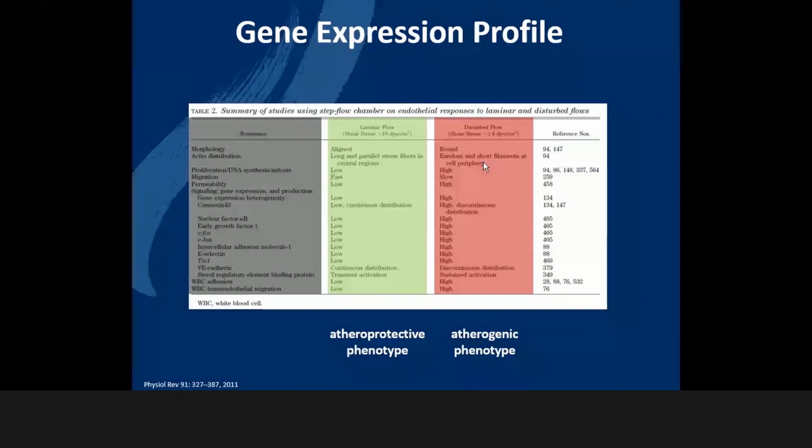And that shows us that we have a certain gene expression profile in cells where you have altered wall shear stress distributions, for instance, either an atheroprotective or atherogenic phenotype within the cell with up and down regulation of proteins.